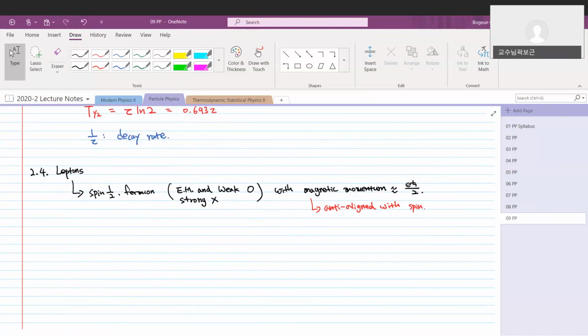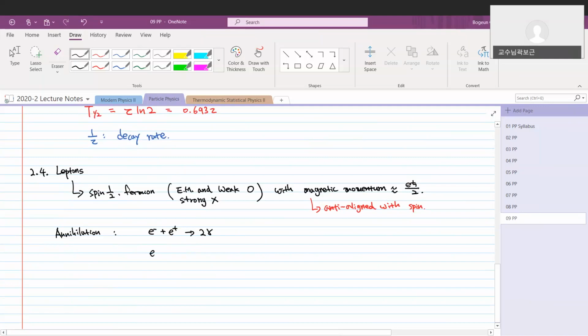And electrons can be annihilated when they meet an antiparticle. E minus plus E plus equals 2 gamma, 2 photons produced in this case, or sometimes many photons can be produced.